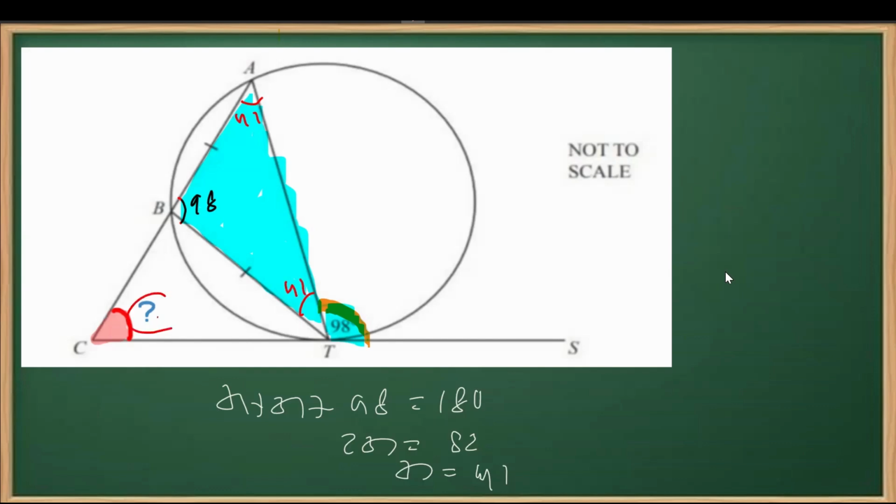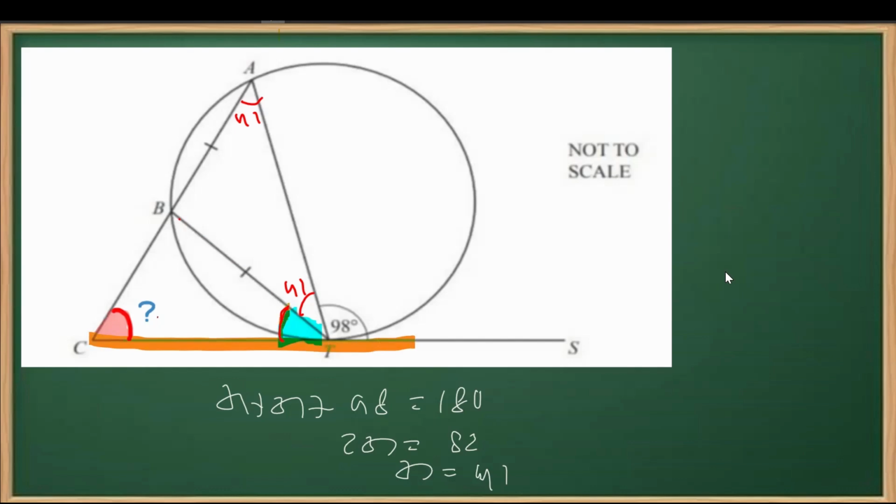Next, we have to get this angle. We can once again apply the alternate segment property. We are talking about this angle over here. It is made by this chord, chord BT, and the tangent; there is only one tangent, this tangent.